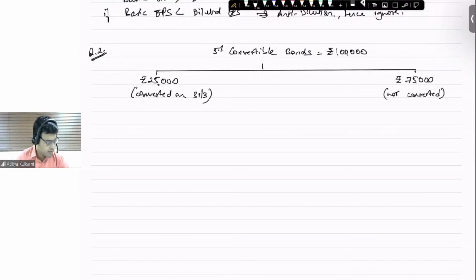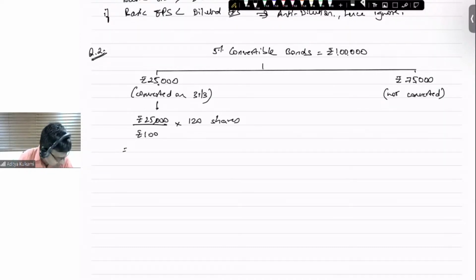If it is converted, how many shares? Rupees 25,000 divided by 100 into 120 shares. So that comes to 30,000 shares.